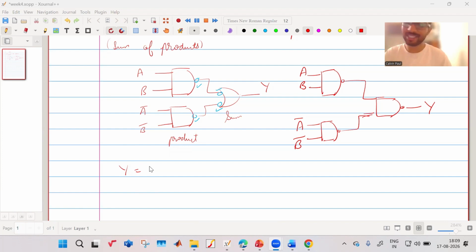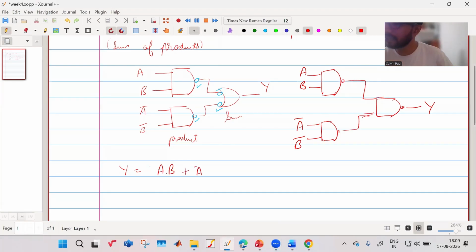Y is A bar B bar dot A B, the whole bar. So Y is A and B plus A bar and B bar. This is your Y.